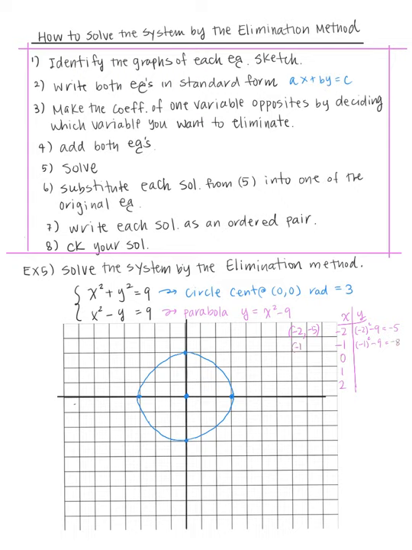So you're going to have -1 comma -8. When x is 0, that one's easy. The y value is -9. So I need to plot 0 comma -9. And when x is 1, you're going to have 1 squared minus 9. So again, this is going to be -8. And when x is 2, we're going to get 2 comma -5. I think you saw the pattern already.